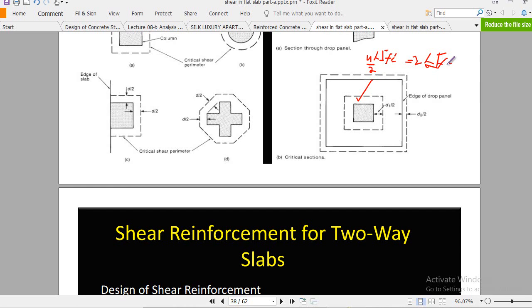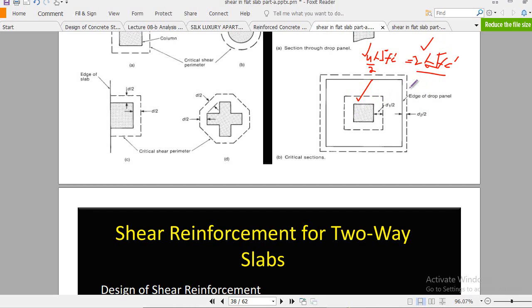This reduction is due to test results: if you are providing shear reinforcement, this one will be the shear strength now, not 4 lambda. Remember, if you don't provide shear reinforcement, then go for 4 lambda. But if you are providing shear reinforcement, the punching shear strength at this section will be 2 lambda.